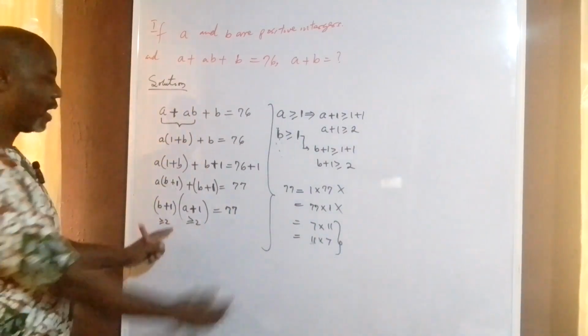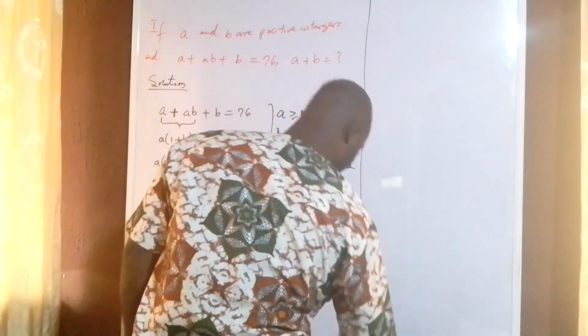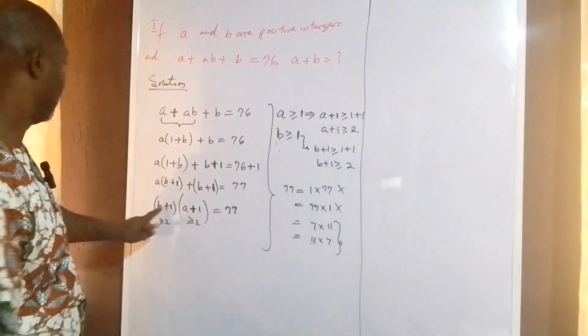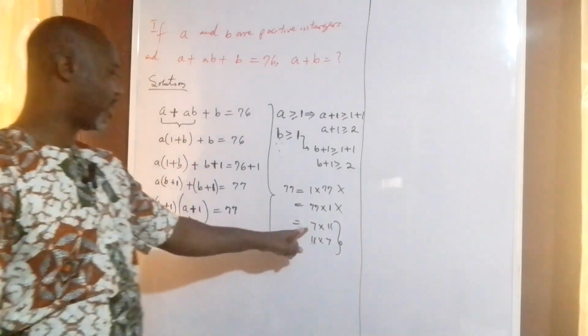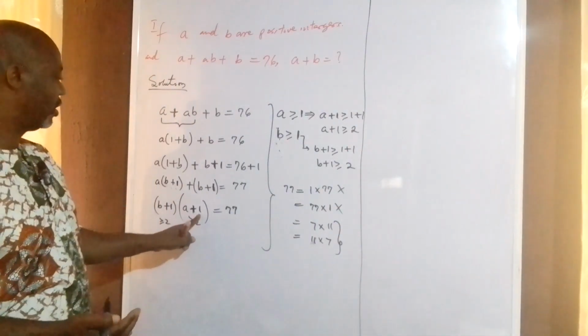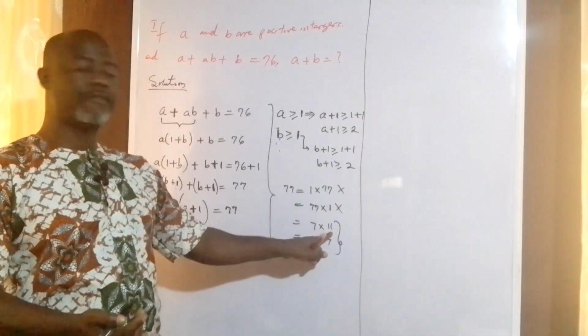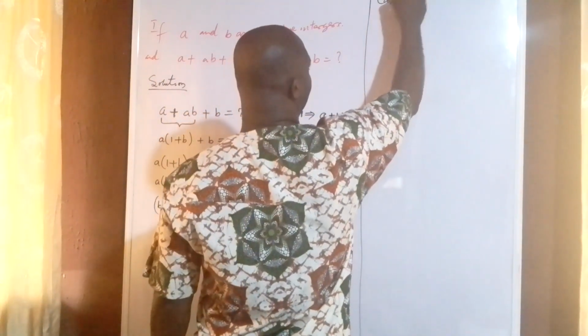From what we've done, we can say that b plus 1 equals 7 and a plus 1 equals 11. So we're going to have two cases here.